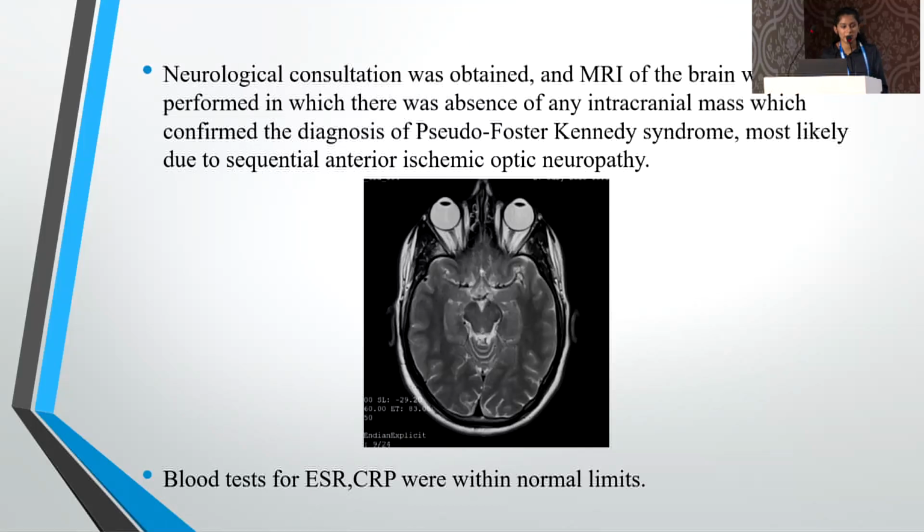A neurological consultation was obtained and MRI of the brain was performed, in which there was absence of any intracranial mass, which confirmed the diagnosis of pseudo-Foster-Kennedy syndrome, most likely due to sequential anterior ischemic optic neuropathy. Blood tests were done for erythrocyte sedimentation rate and C-reactive protein and were within normal limits.